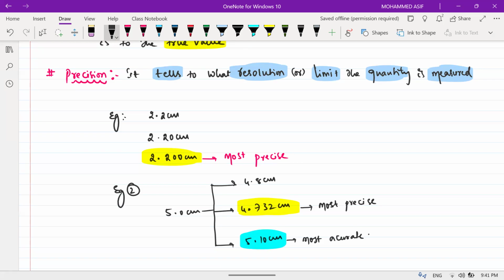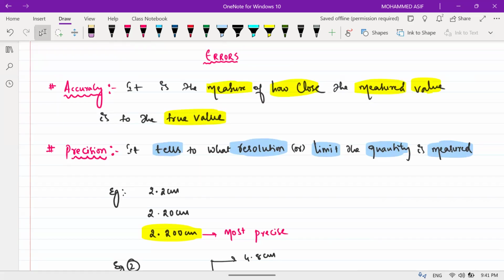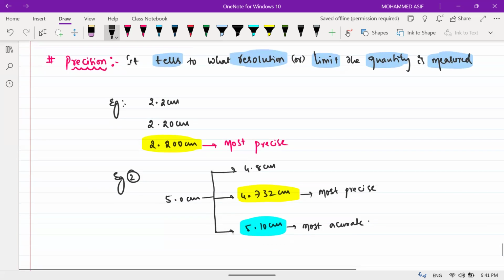Yes, sir. Now tell me, why not 4.8, beta? Why only 5.10 is more accurate? See, accuracy is nothing but a measure of how close the measured value is to the true value. 4.8 has still not reached 5, because the true value is 5.0 centimeters, isn't it?